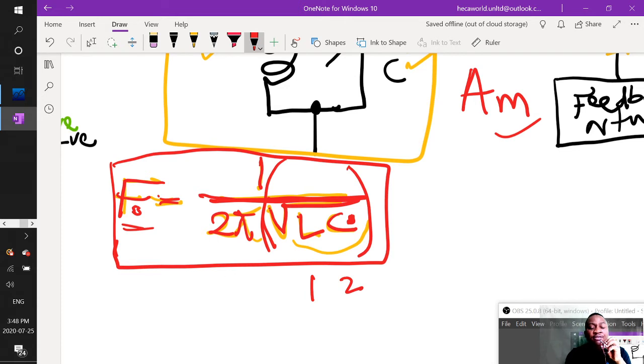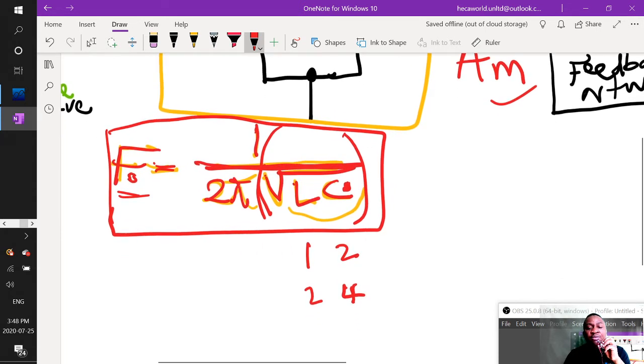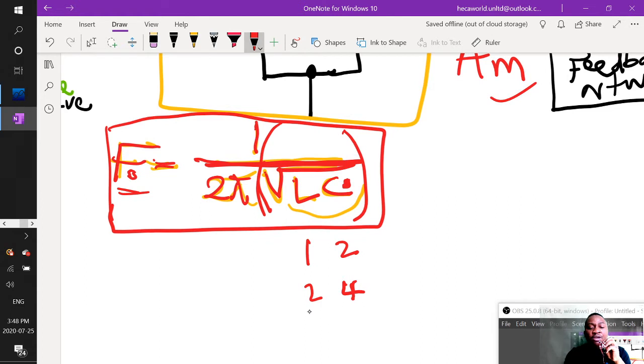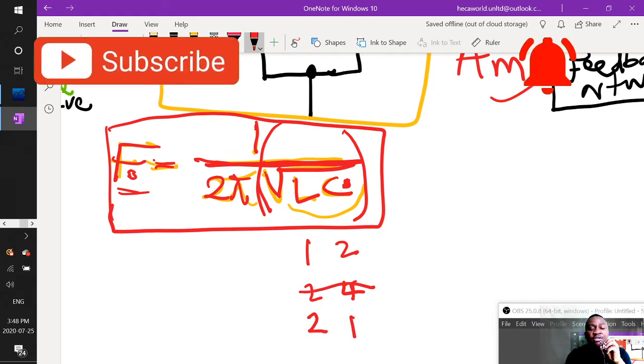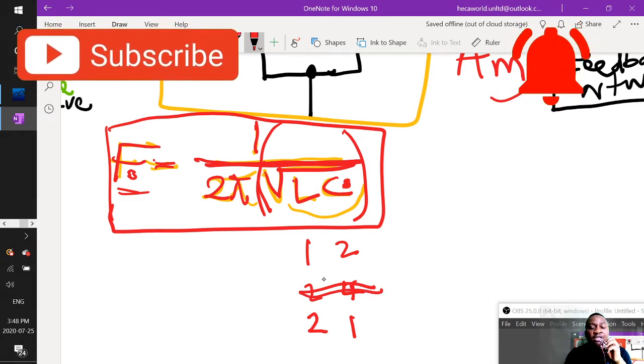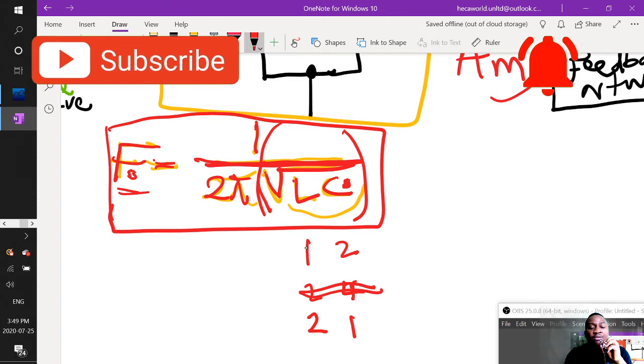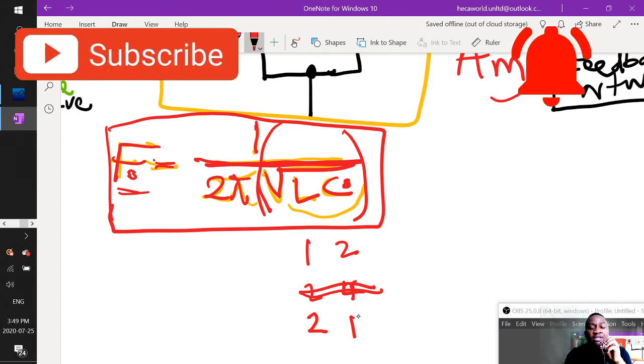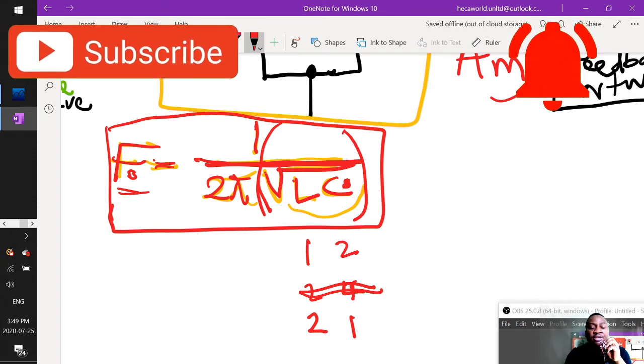You get a particular frequency. If you change your L to 2 and your C to 4, you get the same frequency, right? If you change your L to 2 and your C to 1, sorry, this will give you a different frequency. Let's keep it the same frequency. So if you change L to 2 and C to 1, you get the same frequency, right?